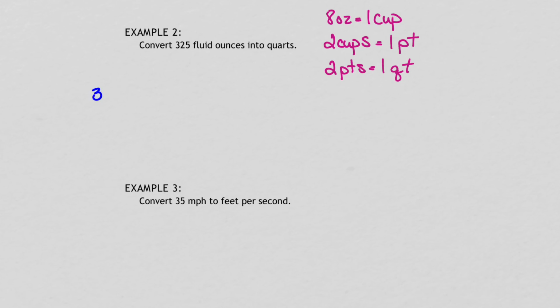So we'll start with 325 ounces. And we're first going to change from ounces to cups. So just one step at a time. To change from ounces to cups, we need 8 ounces to be on the bottom, 1 cup on the top. Now we're going to change from cups to pints. Since cups are on the top in the previous fraction, we need 2 cups to be on the bottom of the next.